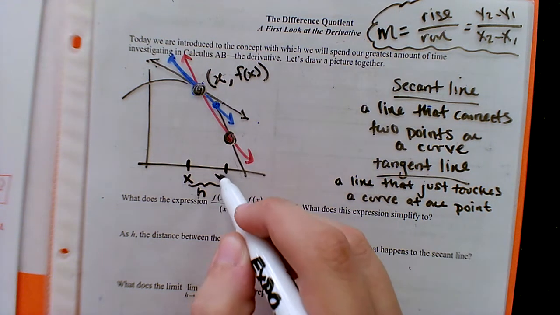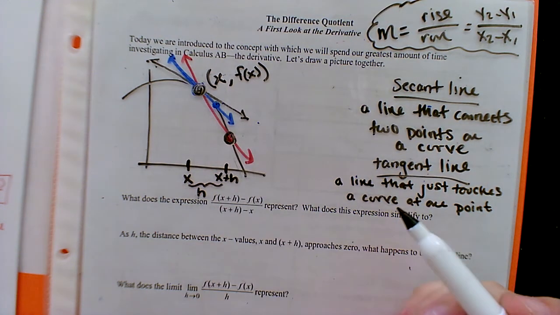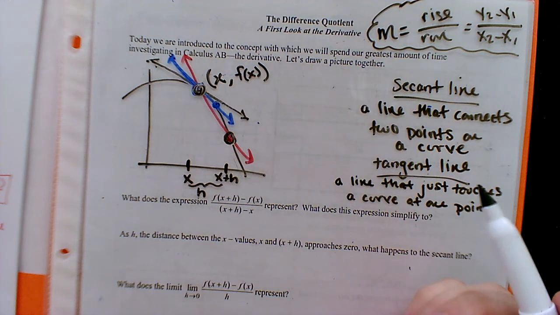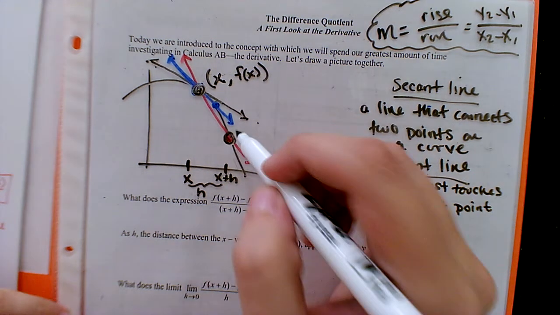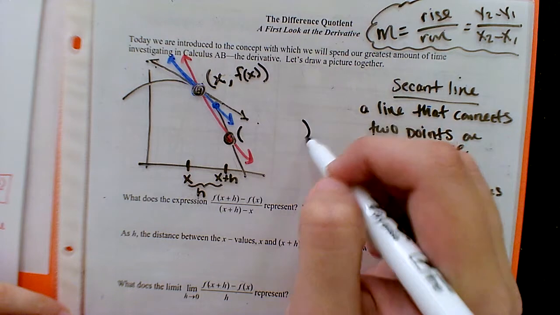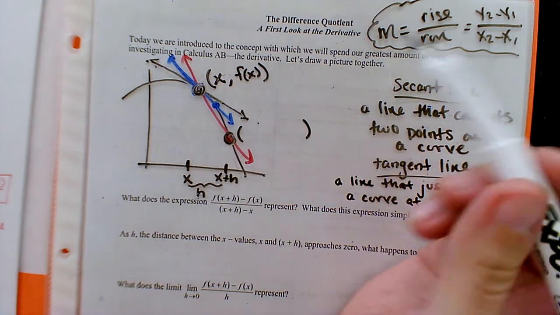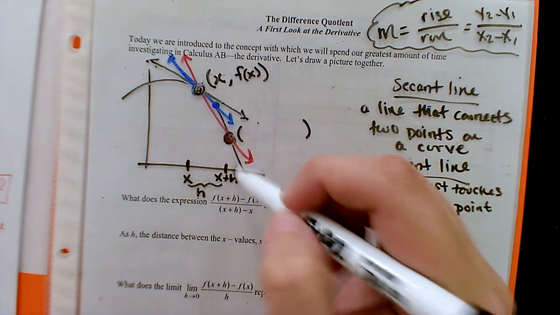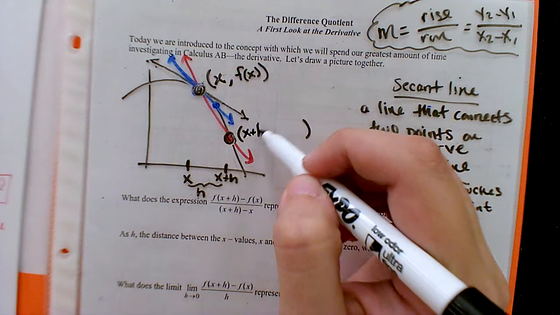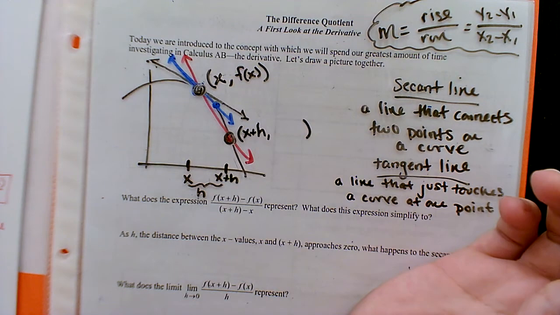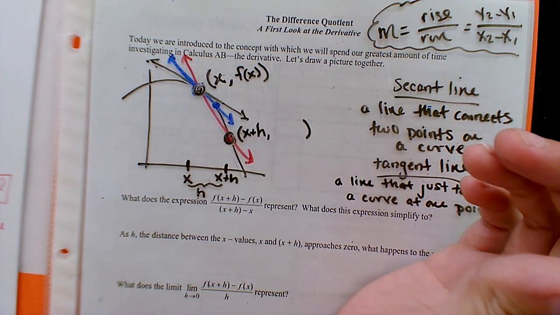Yeah, x plus h. Does that make sense? We're some distance away, so we can just add that distance to get our new location. So what would the ordered pair of the secant or second point look like? The x coordinate is x plus h. What might the y coordinate look like?